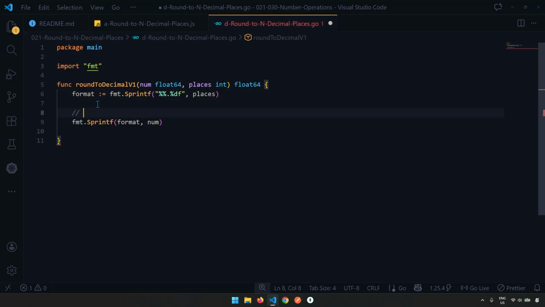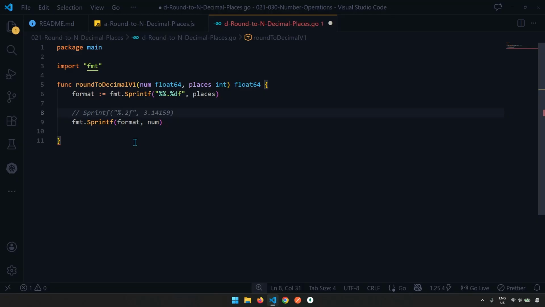If we have this Sprintf, I could pass the format directly so you really see how this works. So format is going to be a string that is percentage sign 0.2, if places is 2, and then f. f stands for floating point number in this specific scenario. Number is 3.14159.